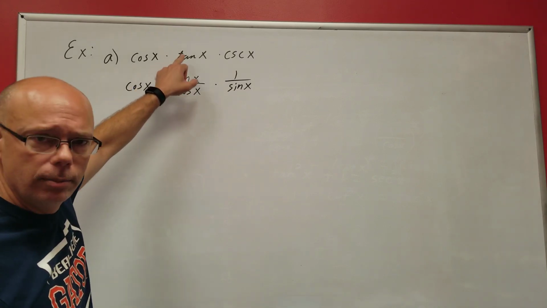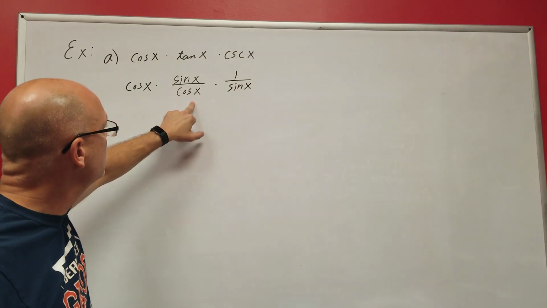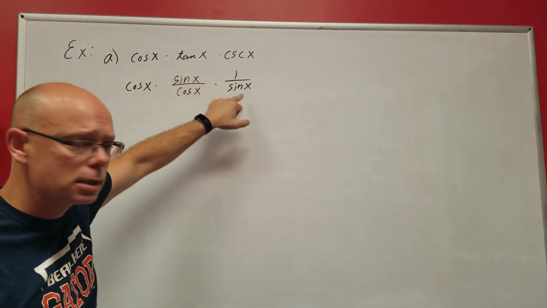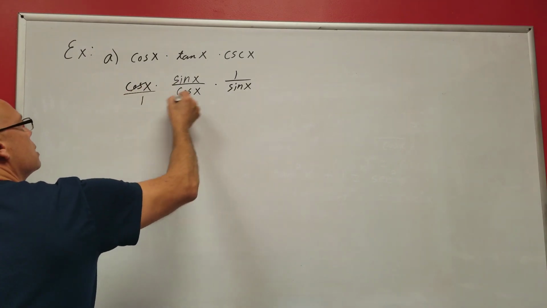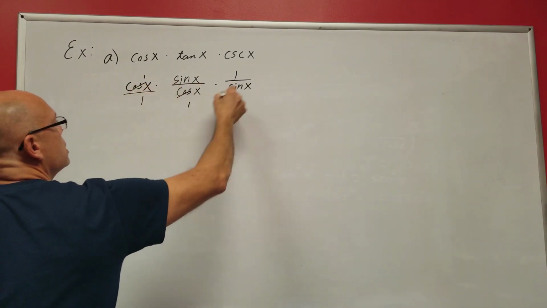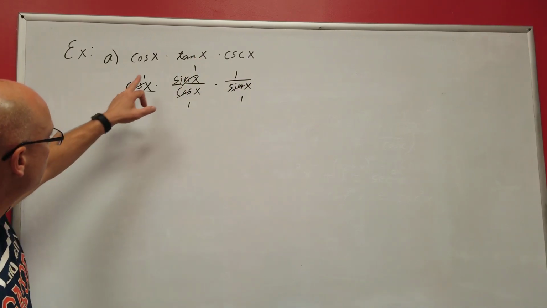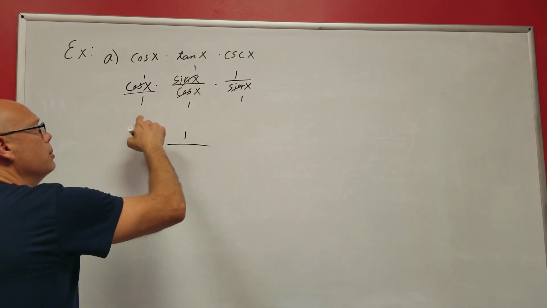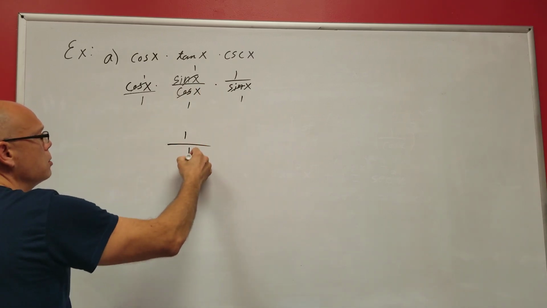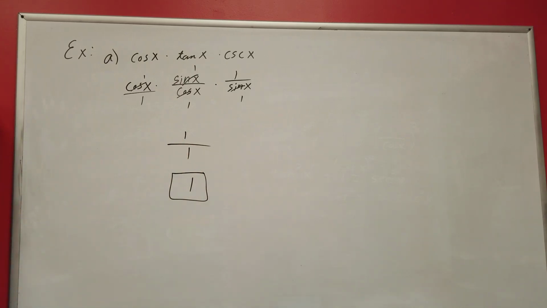I said, what if I were to make this sine over cosine? That would make the cosines divide out here. Then if I had sine over cosine, it would make the sines divide out there. So let's put the cosine over 1. These cosines divide out. You're left with 1s. These sines divide out. You're left with 1s. So what do you have in the numerator? 1 times 1 times 1, which gives you 1. How about your denominator? 1 times 1 times 1, which is 1, which just gives me 1 as my simplified form.